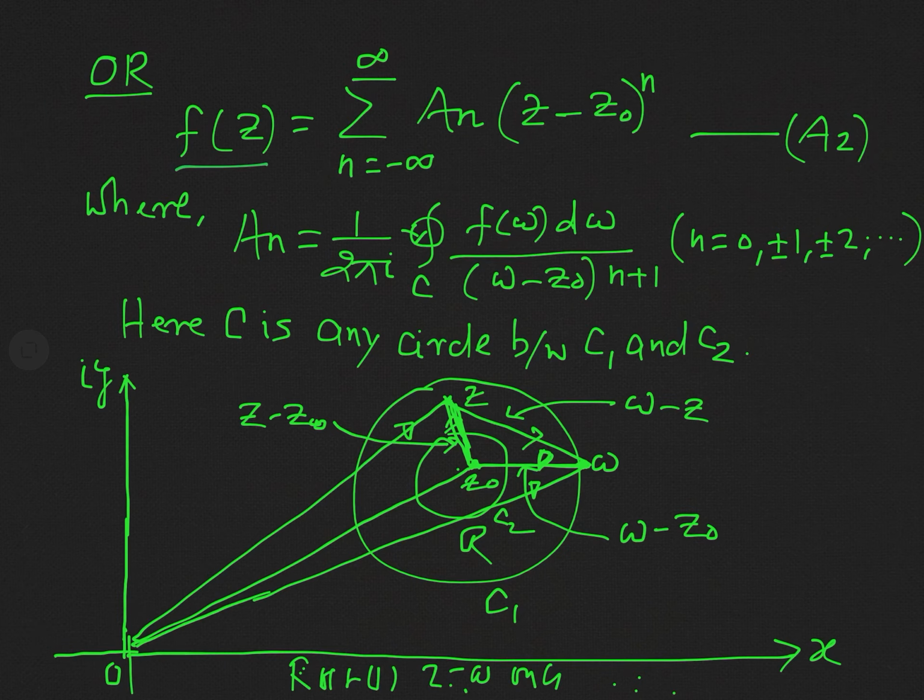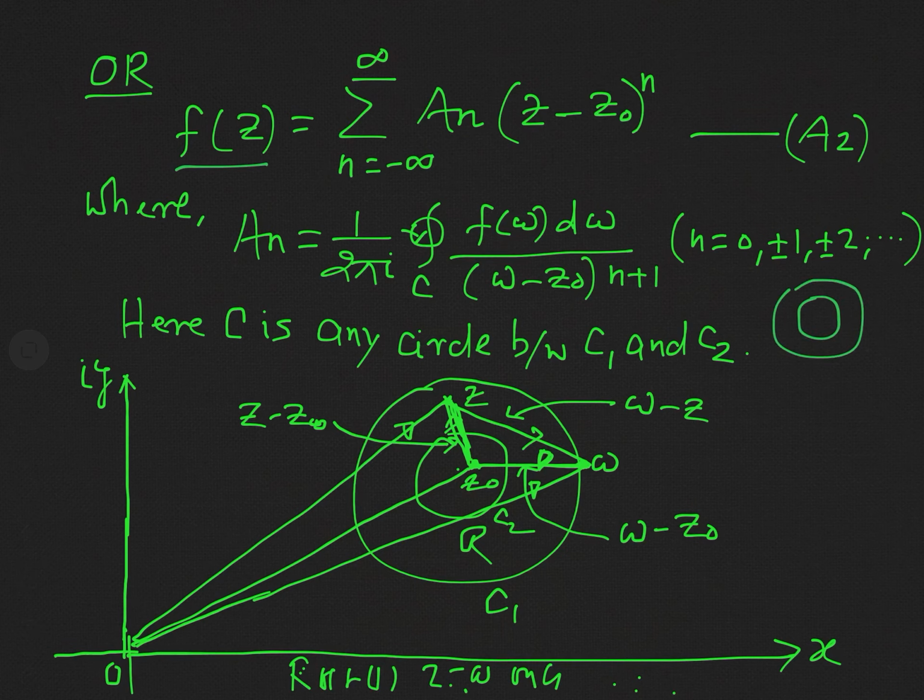Here A_n is defined as 1 over 2 pi i integral along C, f of w dw by (w minus z0) to the power n plus 1. And in this expression, n is 0, plus minus 1, plus minus 2, and so on. And what is this circle C? Actually, this circle C is a circle lying between C1 and C2.